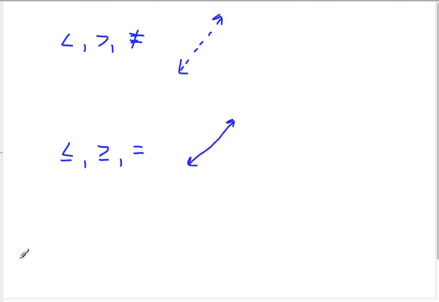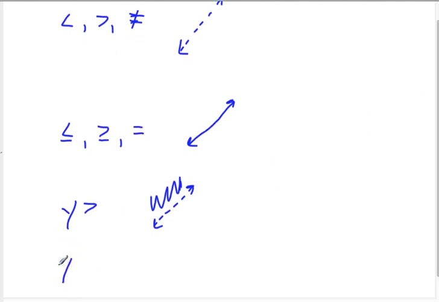And the other thing is when y is greater than, you're shading above. And when y is less than, you're shading below. So those are the only differences.